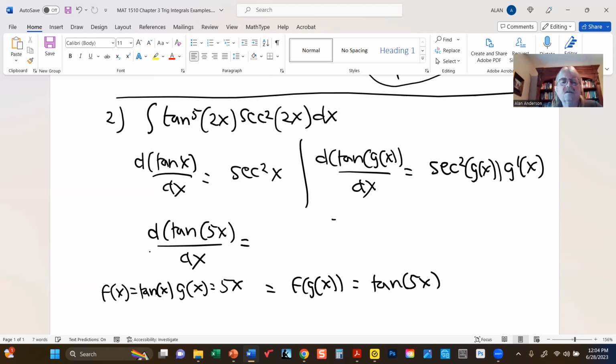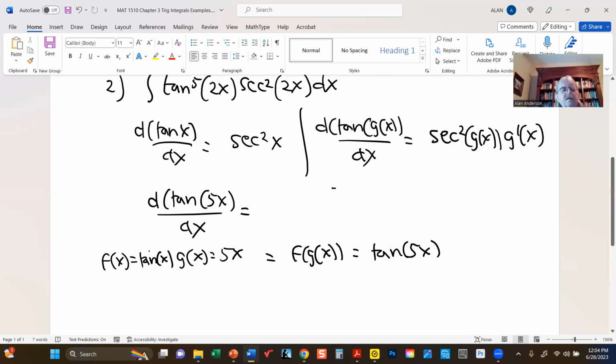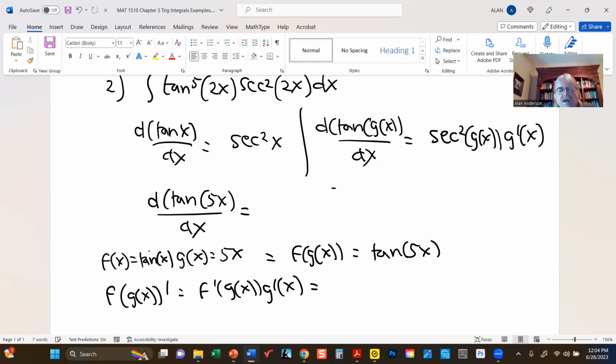And recall the way that works is that the derivative is f prime of g of x times g prime of x. So now the derivative of the tangent is the secant squared. So it's the secant squared of the original g of x times the derivative of g of x. So g prime of x is just 5. Okay. So here f of g of x is tangent of 5x.